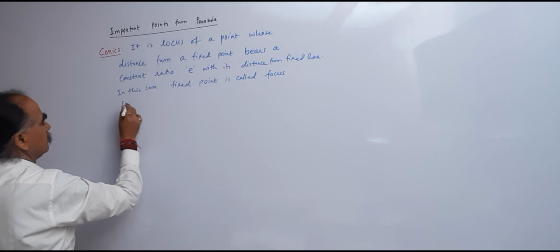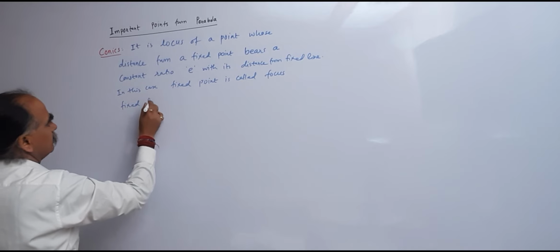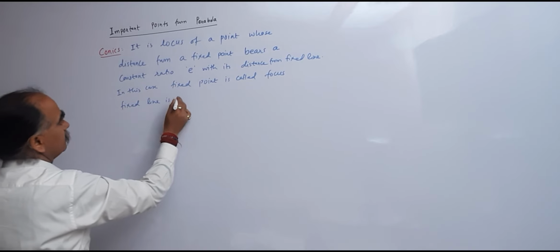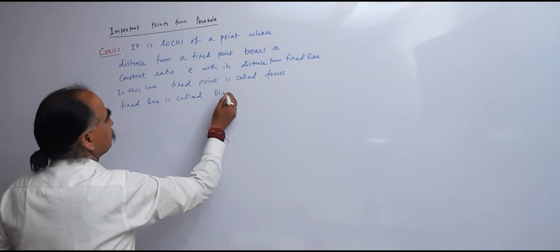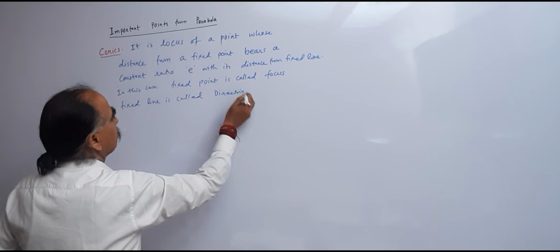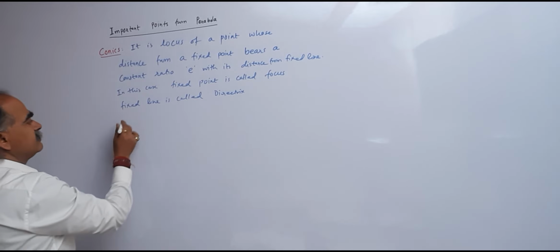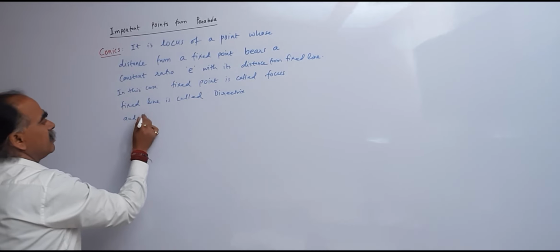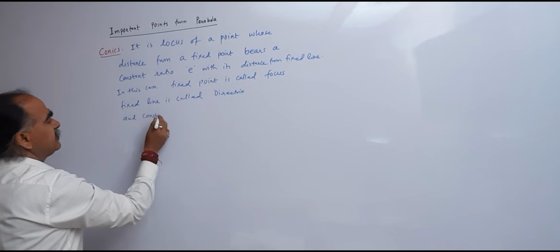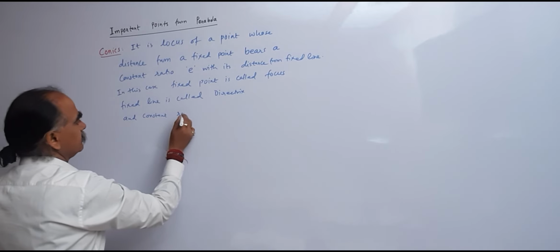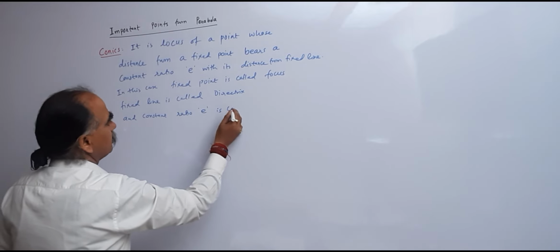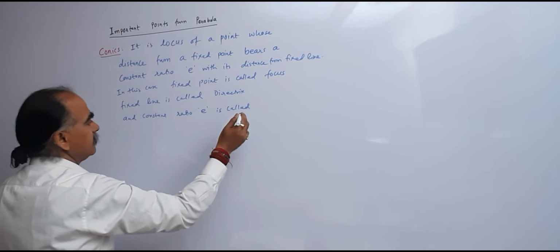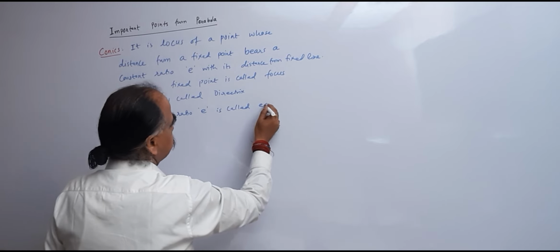The fixed line is called directrix, and the constant ratio e is called eccentricity.